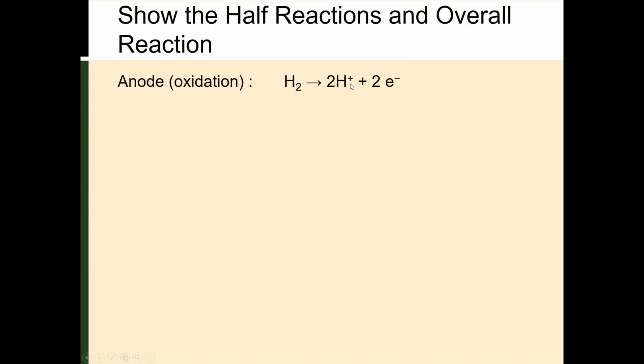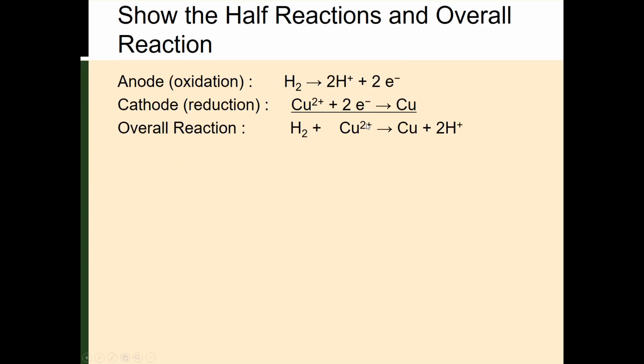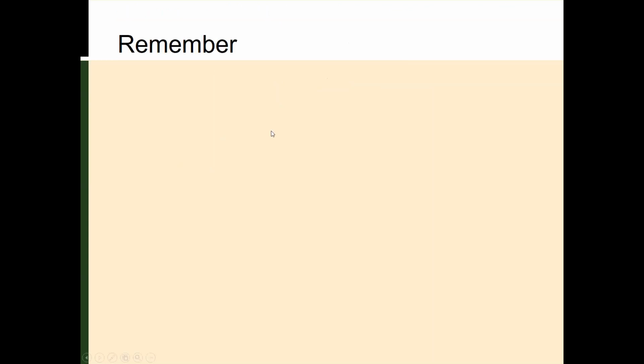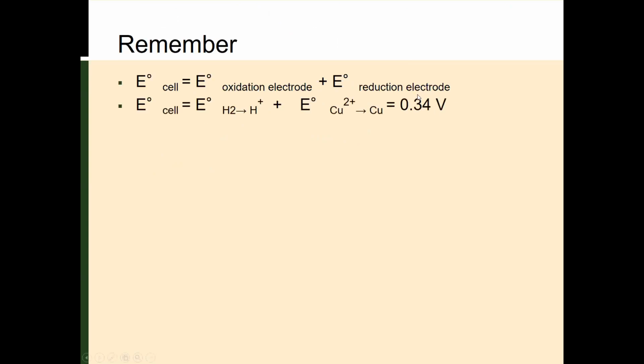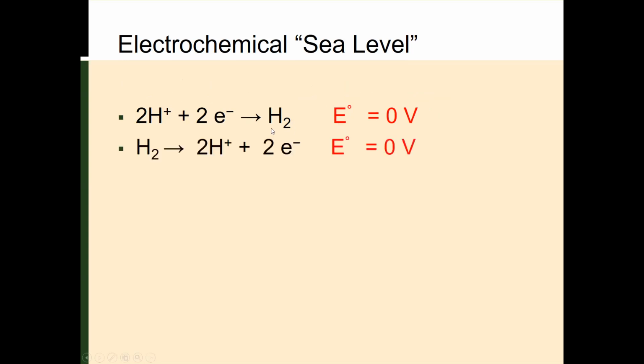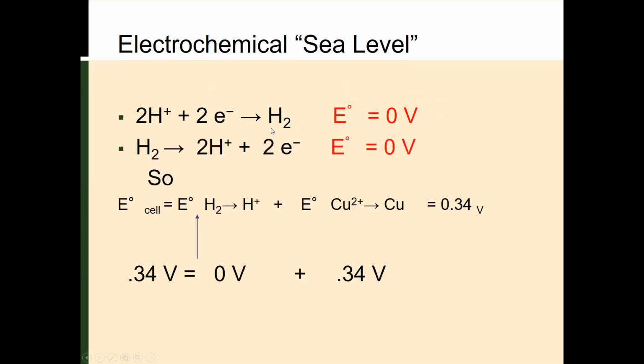And just as its oxidation is listed as 0, its reduction is 0. Okay? Cathode's reduction in the overall reaction gives us a total of 0.34 volts. I can look up this one in the reduction potential table. Okay, so this is our sea level or our ground level that we use, the standard hydrogen electrode.